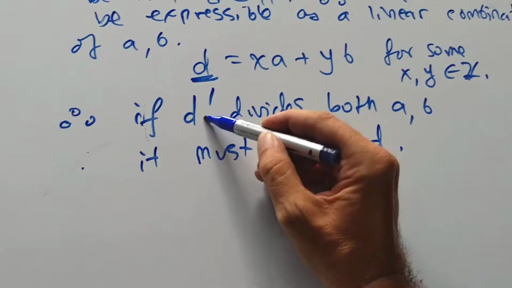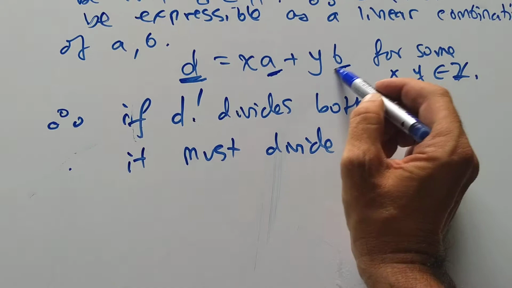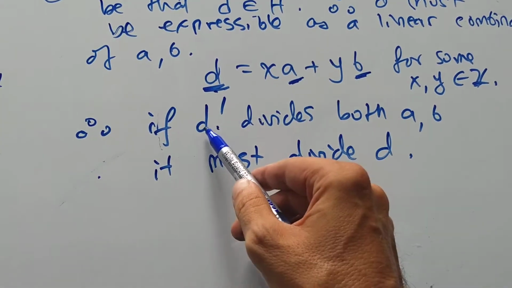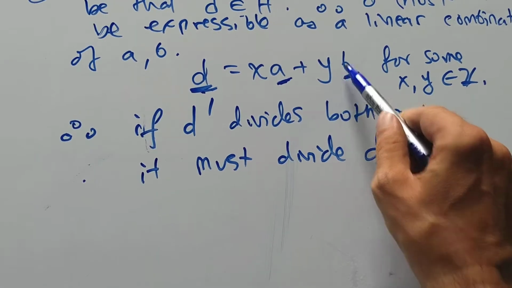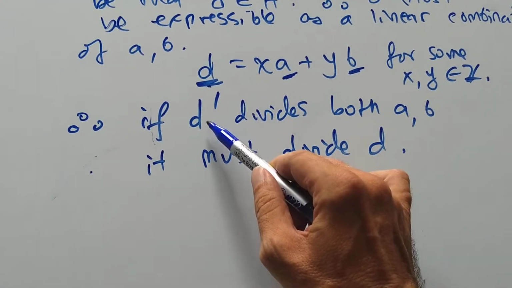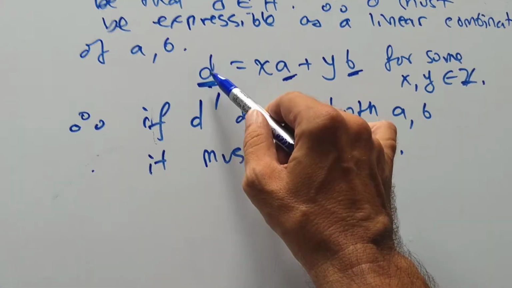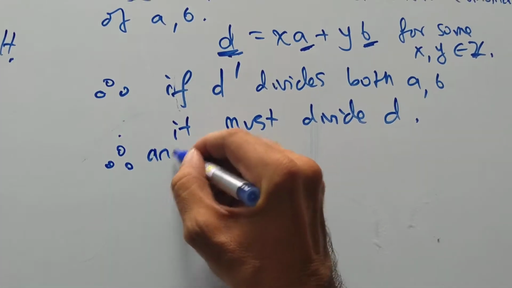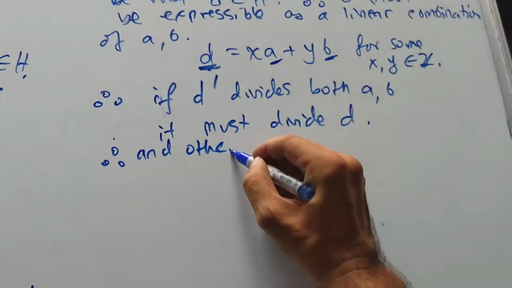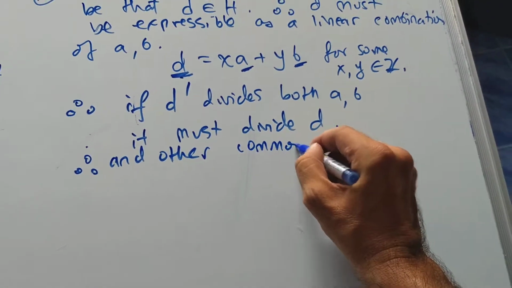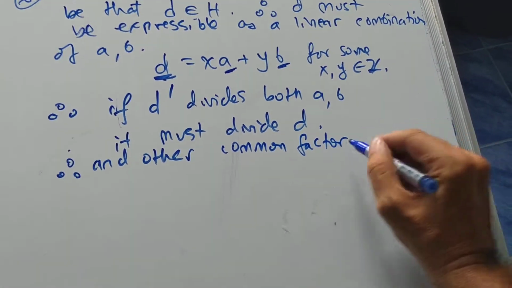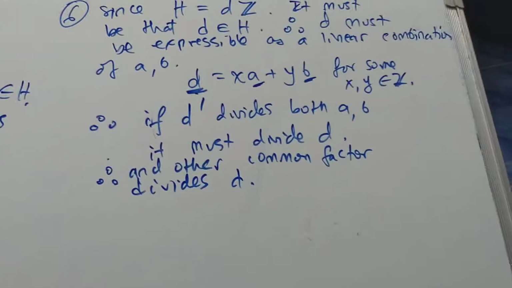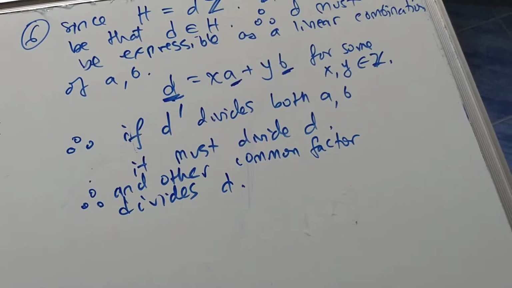Look, if D prime divides both A and B, then it's got to divide D. This is going to be a multiple of D prime. This is going to be a multiple of D prime. Therefore, D is a multiple of D prime. Therefore, any other common factor divides D.